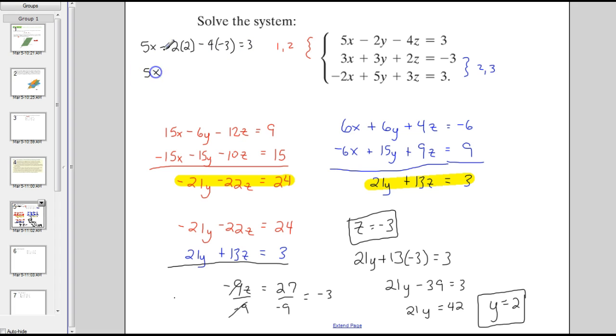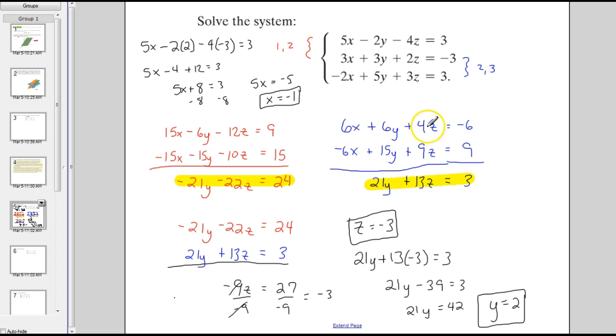So 5x minus 4 plus 12 equals 3. Negative 4 plus 12 is 8. 5x plus 8 equals 3. Subtract 8 from both sides. We get 5x equals negative 5. So divide both sides by 5 and you get x is negative 1.